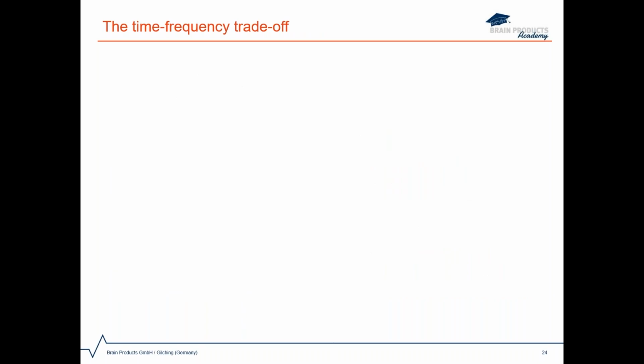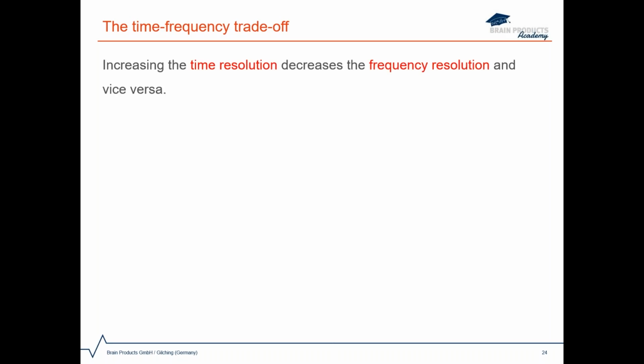We have time and frequency information from the wavelet analysis, but can we get simultaneously high frequency and temporal resolutions? The answer is no. If we want to increase the frequency resolution of the wavelet analysis, we will necessarily decrease its time resolution and vice versa.